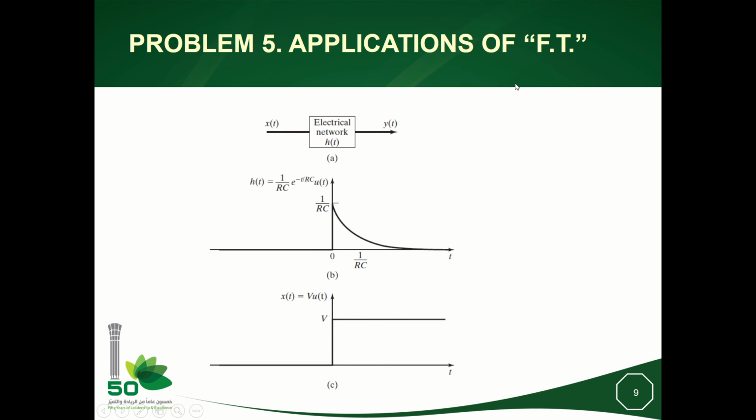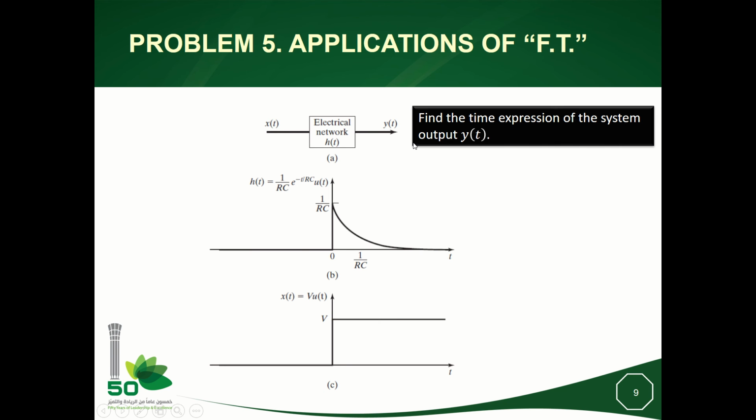Our objective here is to go through the Fourier transform first. It means having the Fourier transform of h(t) and x(t) first, then we will get the Fourier transform of y, and then we will apply the inverse Fourier transform to return back to time. So the objective here is to get the output y(t) using the Fourier transform.